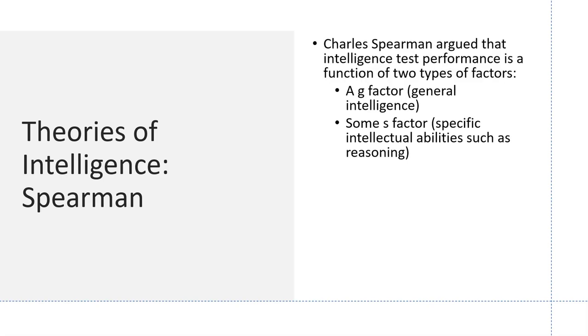Charles Spearman believed that there were two functional domains, basically, or factors that represent intelligence, and recognized that Spearman was a bit of a psychometrician. He was really into the math of it, and he argued that there was a general intelligence, so a global kind of intelligence that he called a G factor, and then specific abilities that people could have, and those were S factors.